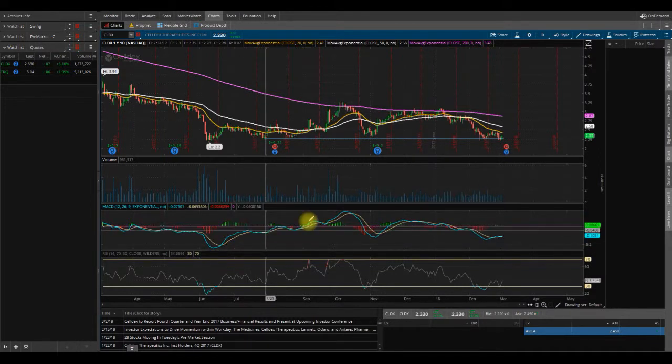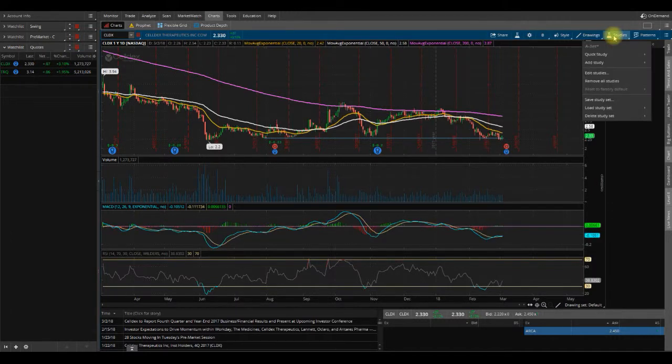The theory behind the MACD is that when this line, which on my charts I have as a blue line, and I believe this is the average. I believe that line is called the average. Give me 1 second.